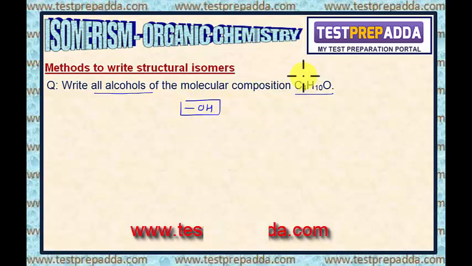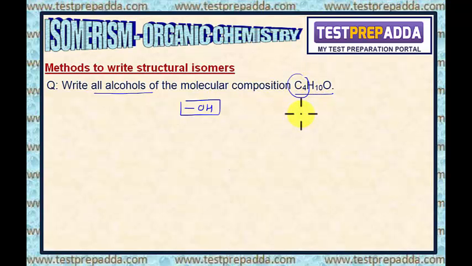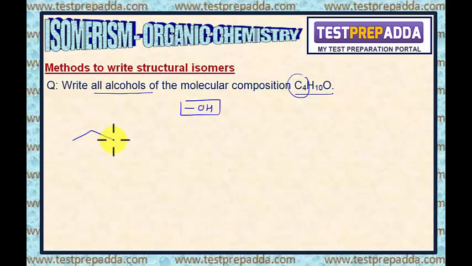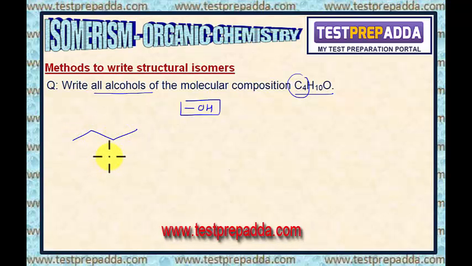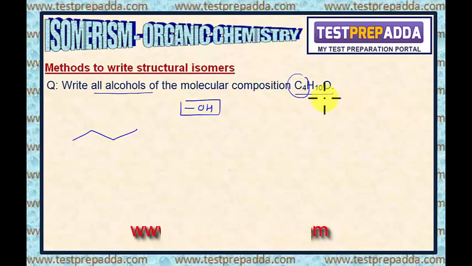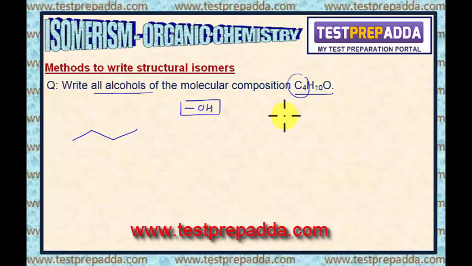Okay, now total number of carbon atoms is 4. So what we do? We will write the parent chain with the maximum number of carbon atoms, and that will be 4 like this. At the same time, we need to know whether double bond, triple bond or ring, these things are present or not. So we have to find degree of unsaturation.